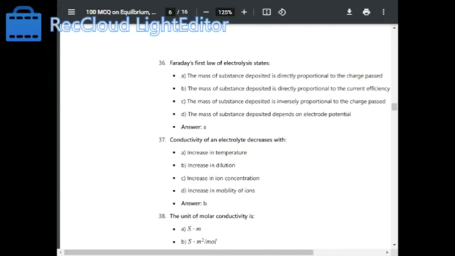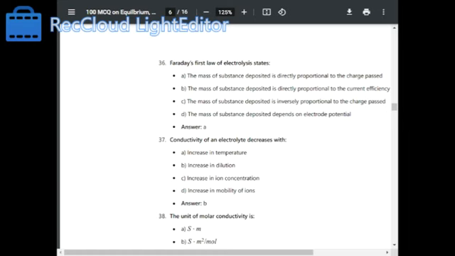Question number 36. Faraday's first law of electrolysis states that option A, mass of substance deposited is directly proportional to charge passed. Option B, mass of the substance deposited is directly proportional to current efficiency.